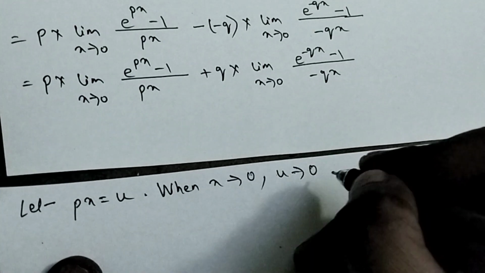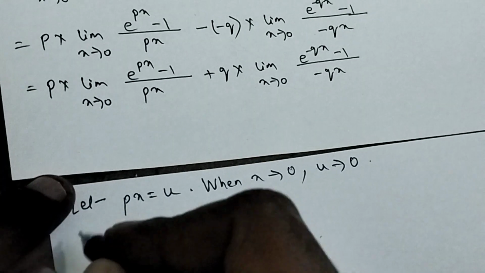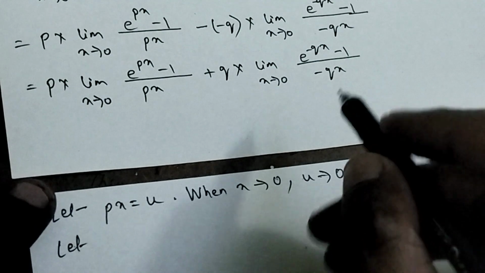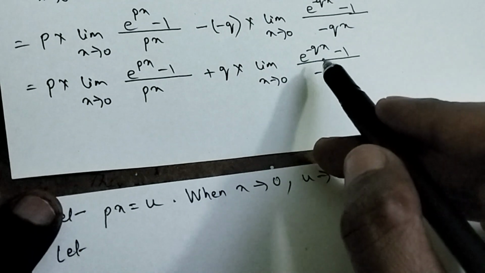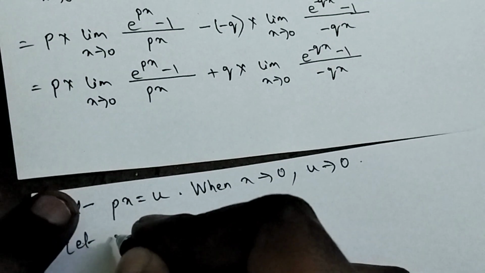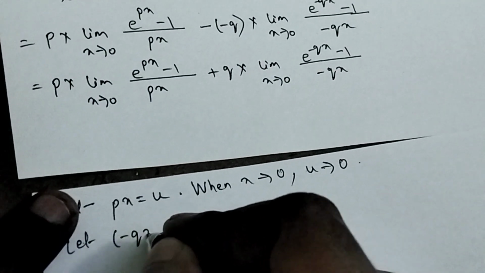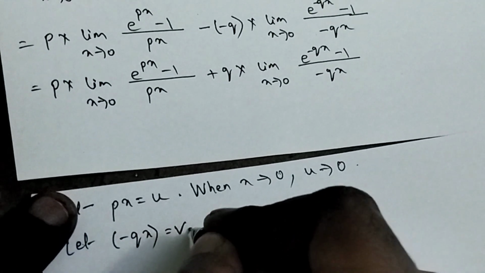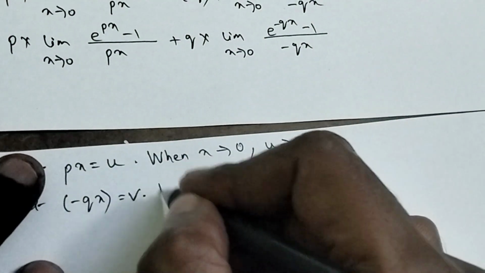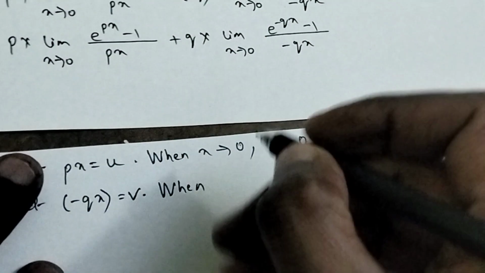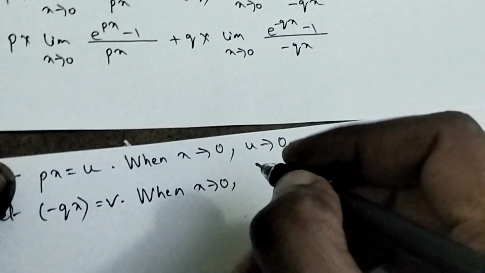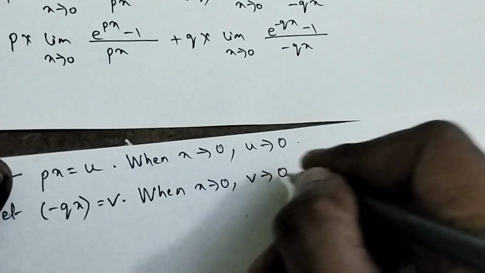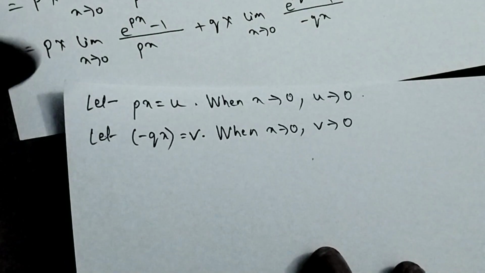Clear? And let minus qx be equal to v. Again, when x tends to 0, v also tends to 0, right?